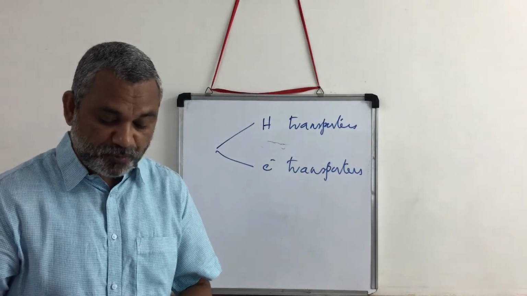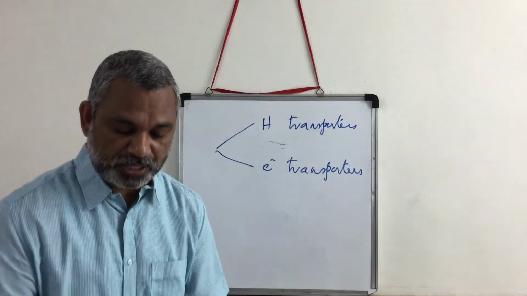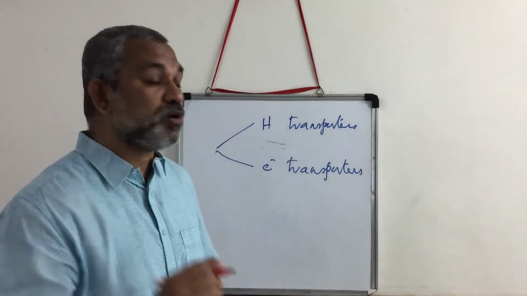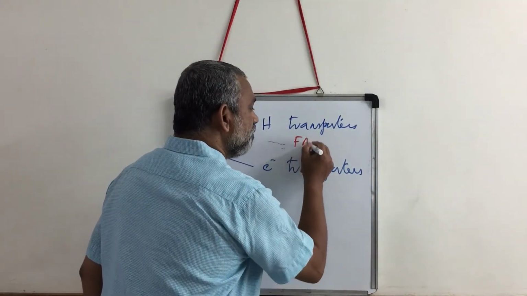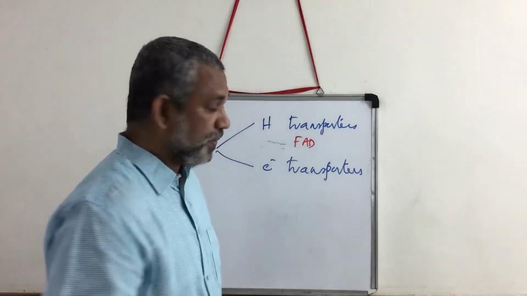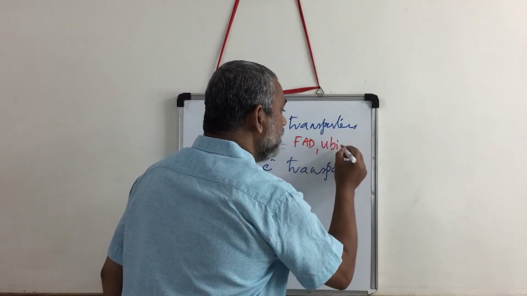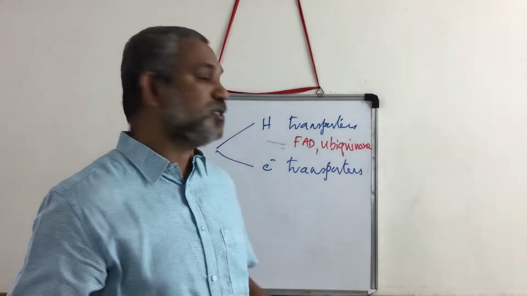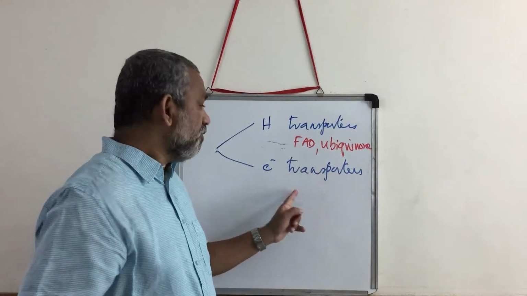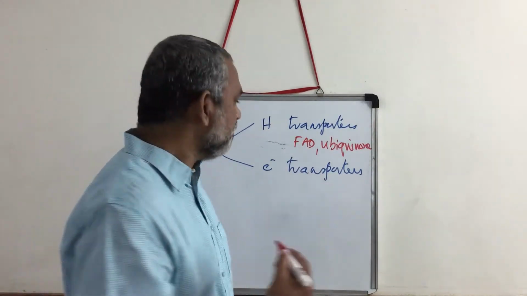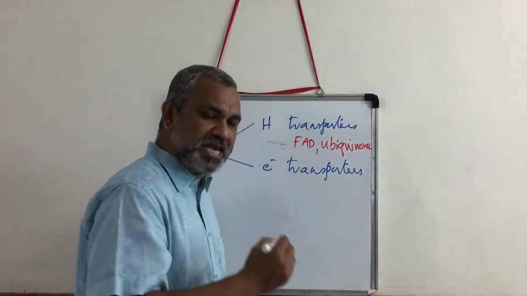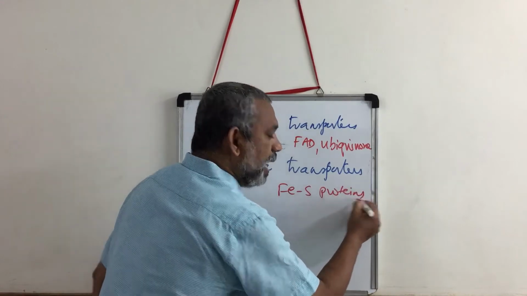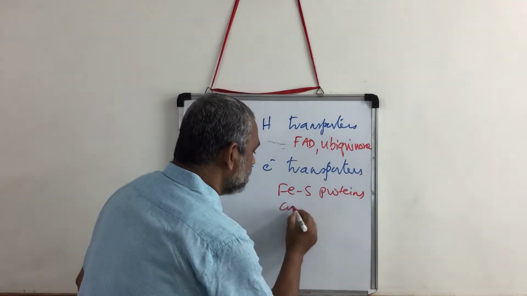The hydrogen transporters are FAD, FMN, and ubiquinone. With regard to electron transport, we will look at two molecules: iron sulfur proteins and cytochromes.